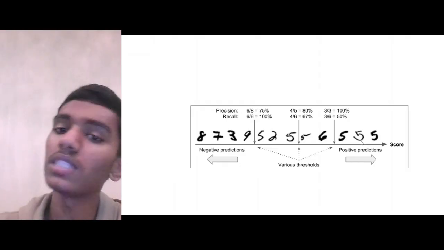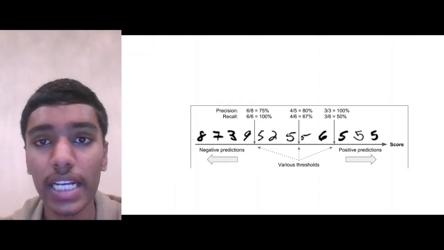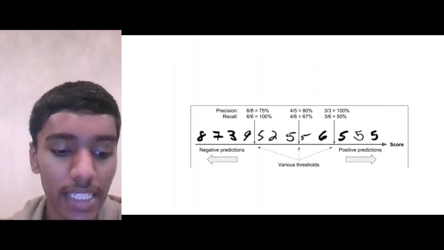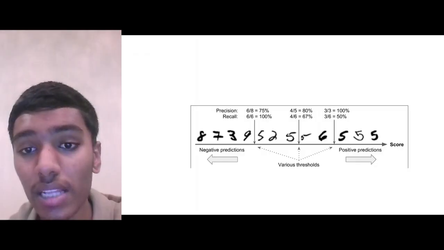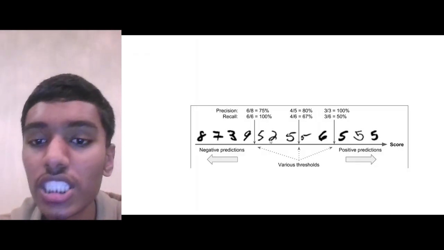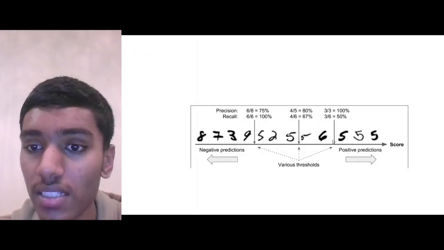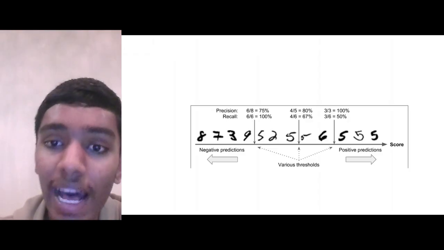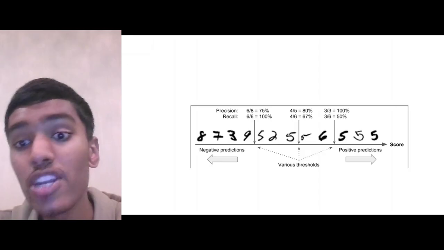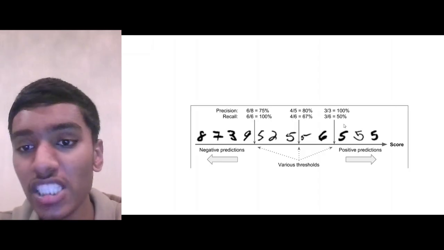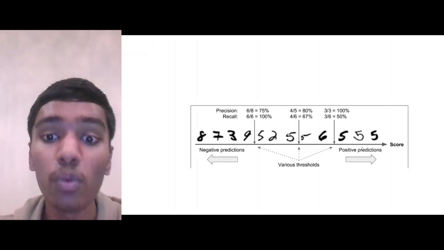Now, when we increase the precision, let's talk about recall for a second. What is recall? Recall states that of all the true values, how many does the model classify as true? When we shift the threshold to the right, the number of actual true values that will reach the benchmark to be above this threshold will decrease.